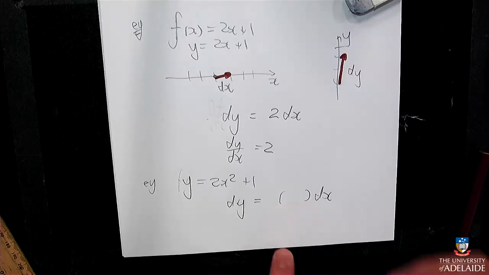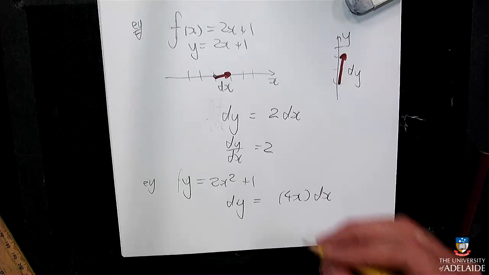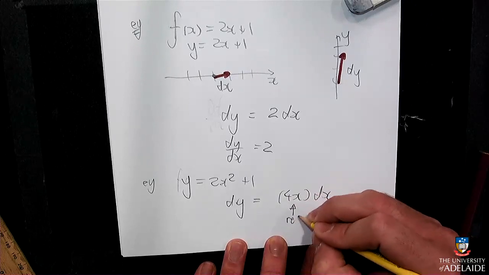And so there's a formula that goes here, which in our case is 4x, that says that the speed at which y changes relative to the speed at which x changes is faster for bigger x's.